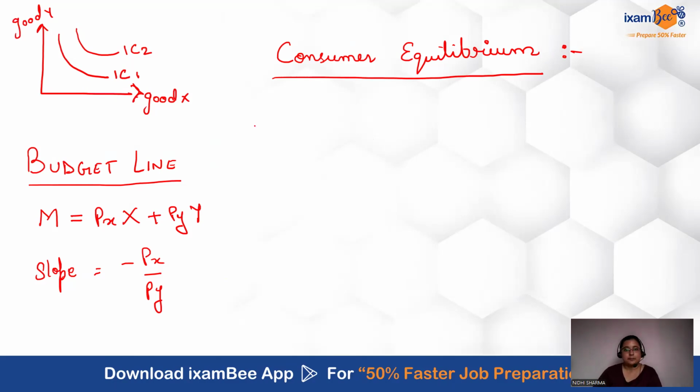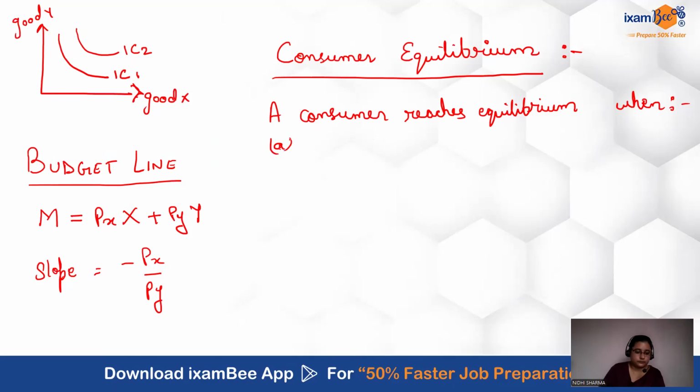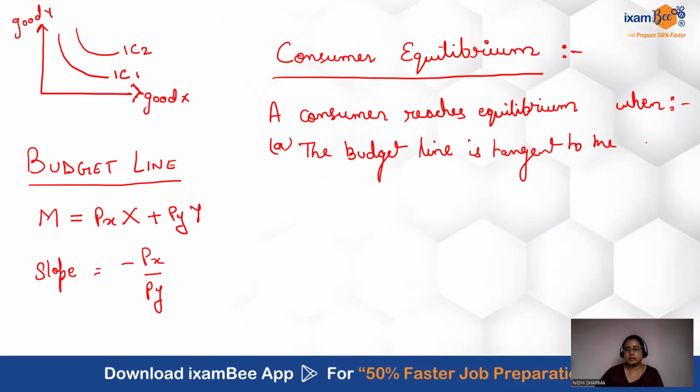That means a consumer reaches equilibrium when the budget line is tangent to the highest attainable indifference curve.